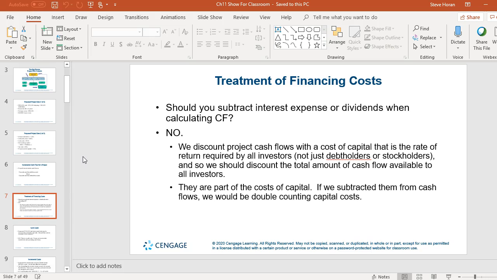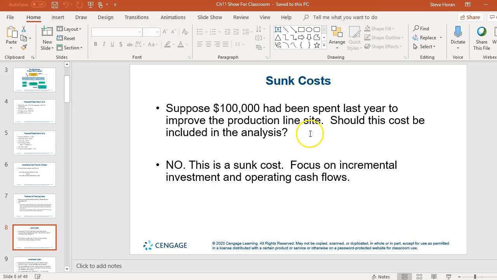They didn't tell us if we're going to borrow money or sell shares of stock, and it doesn't matter because that 10% represents an average cost of capital for the project, which assumes we're using all sources of capital. So we don't specifically subtract dividends or interest when we do these kinds of calculations.